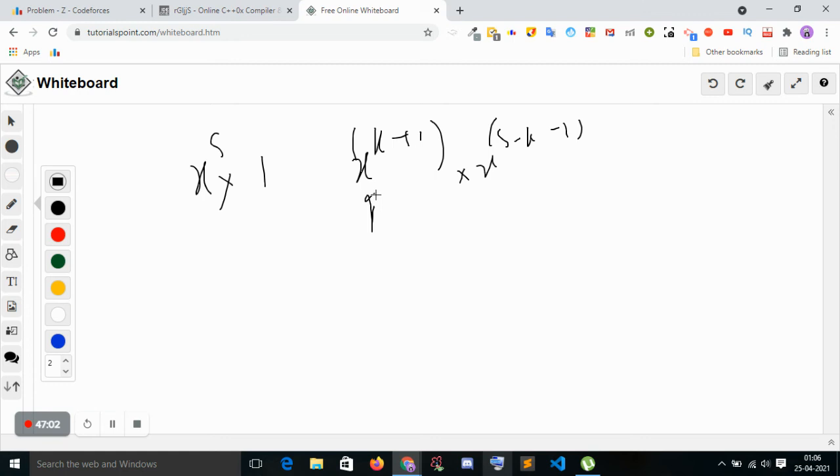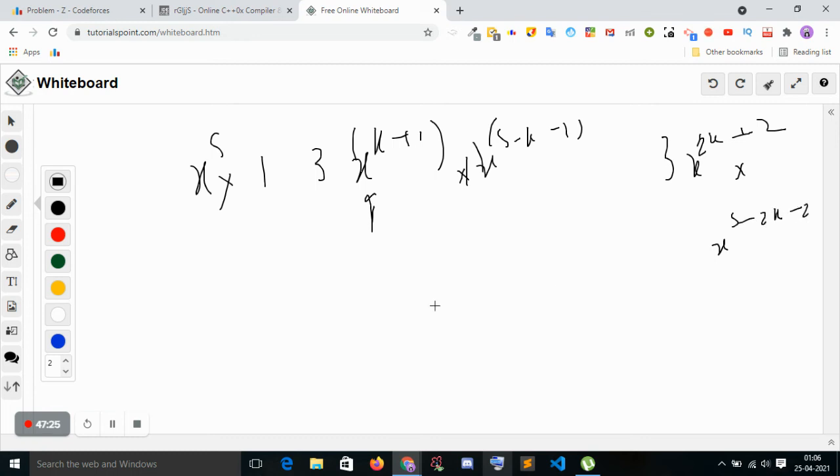And another we multiply x to the power 2k plus 2, with coefficient 3, and for this there is a coefficient, it should be s minus 2k minus 2.